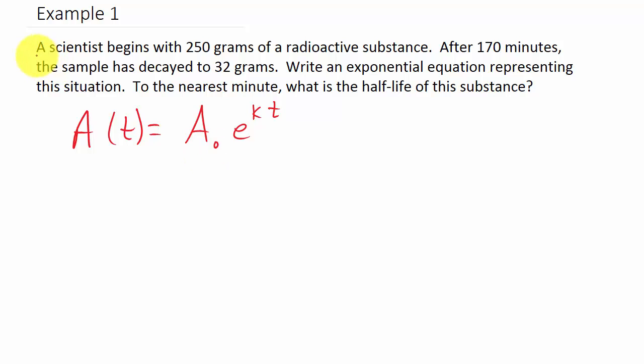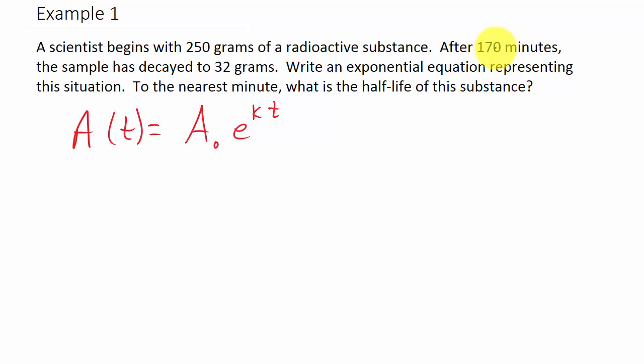And so here it says a scientist begins with 250 grams. So we know that's A sub 0. And it says after 170 minutes, the sample has decayed to 32 grams. So what that means is the 170 minutes, that's the time.